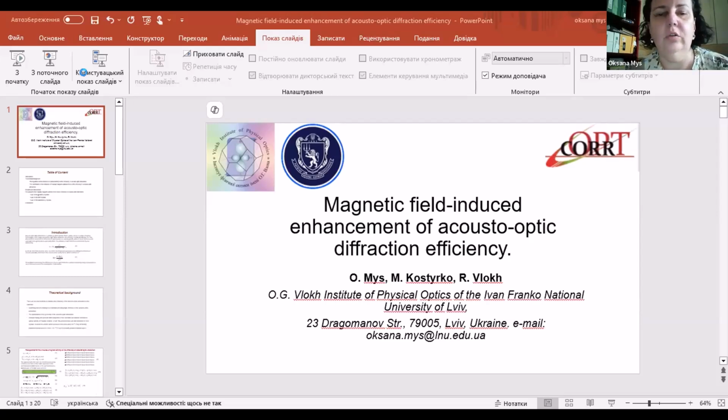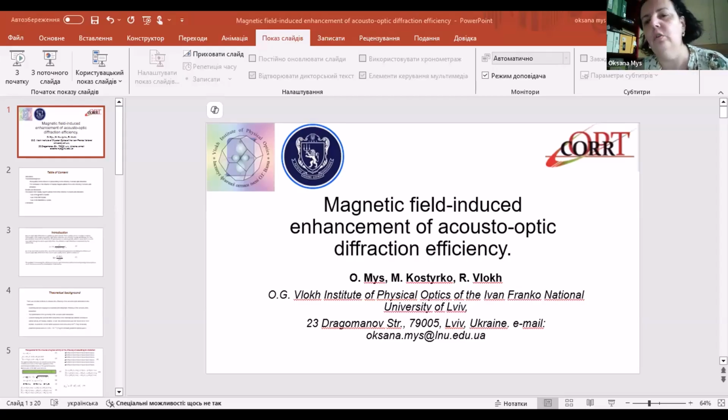Some words about acousto-optic diffraction. This is a well-known phenomenon, which is widely used for the manipulation of the light beam, such as modulation, deflection, scanning, and tunable filters, and is based on the appearance of a diffraction grating of the refractive indices due to the elasto-optic effect.